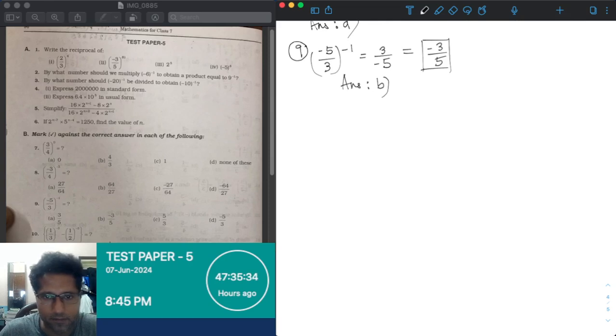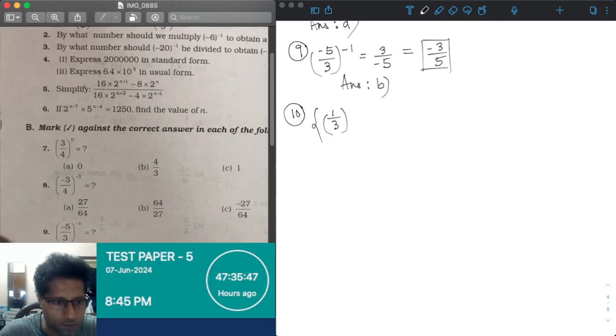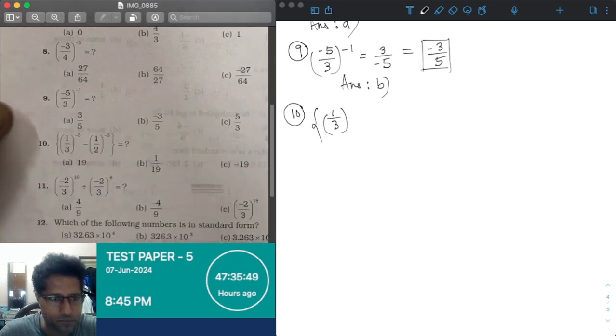Question number 10. It is asking to simplify 1 by 3 raised to the power minus 3 minus half raised to the power minus 3. Let's increase the font, I can't see it properly.